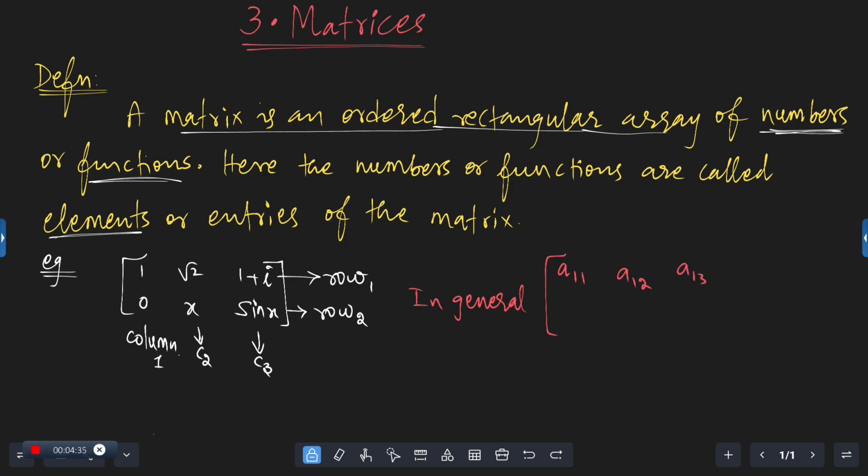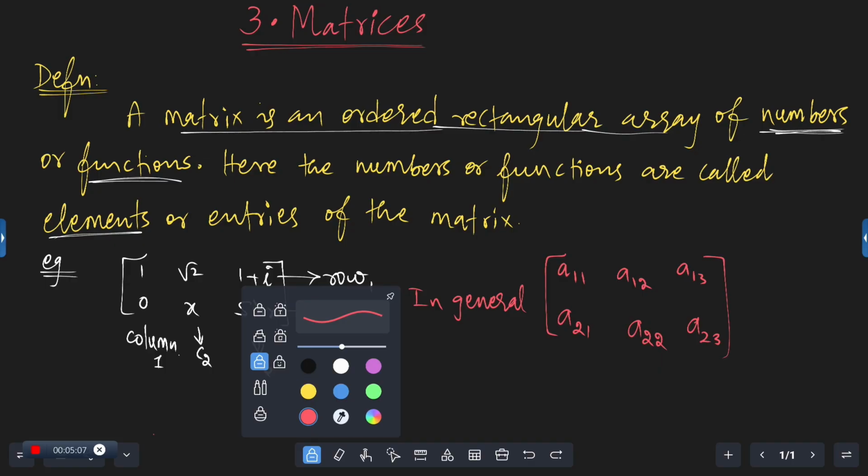Means first row first column, first row second column, and first row third column. In the same manner 0, x and sin x, how can we write? A21 means second row first column. So row first we have to mention. So 21: row first, column second. Second row, third column. Like this we can mention.